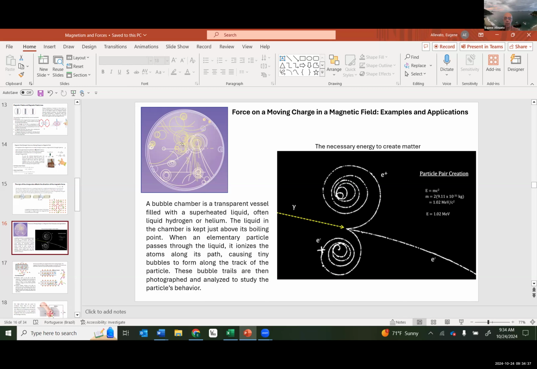And so this is just to give an example of an application of a magnetic field, right? You can think, oh, magnetic fields can be utilized only to create or build a motor or generator, but there are experiments and instruments to measure things. They are based on magnetic fields. So this is one of them.